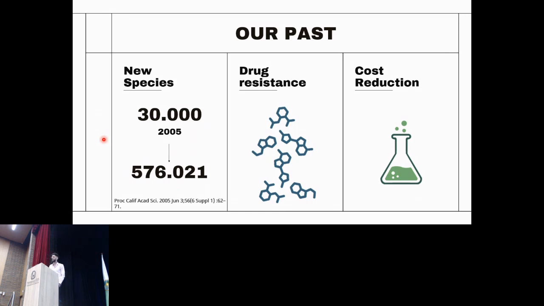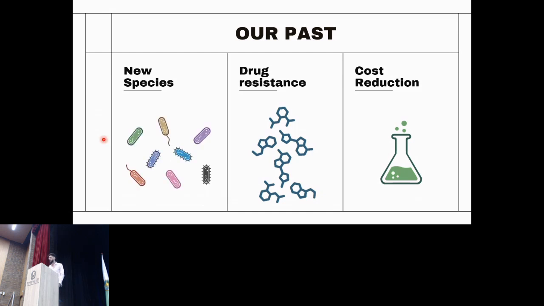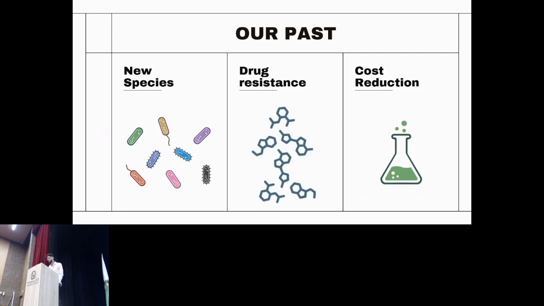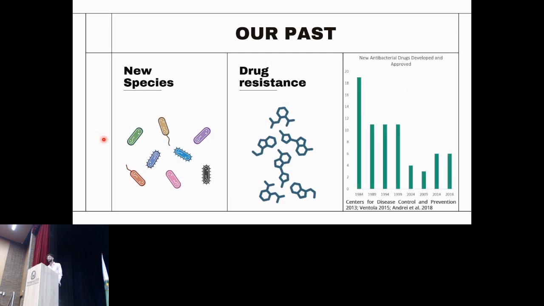On top of the new species that are being classified, the ones that we already know are causing us trouble, because just in 2019, the number of people that died from drug-resistant problems, by the World Health Organization, was almost 5 million people. And also, we got the problem of the antibiotics.